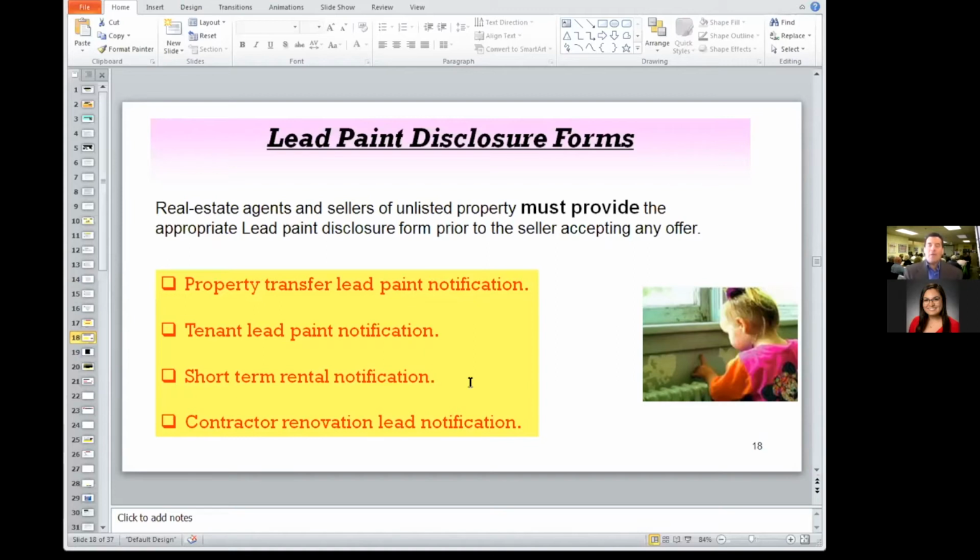So if they're going to rent short-term vacation rental, 31 days or less in Massachusetts, the real estate agent or landlord, whoever's in charge, must have the tenant sign a short-term vacation rental lead paint disclosure form. And that has to be signed before they sign the short-term rental agreement. If you don't do that, you have a major problem.